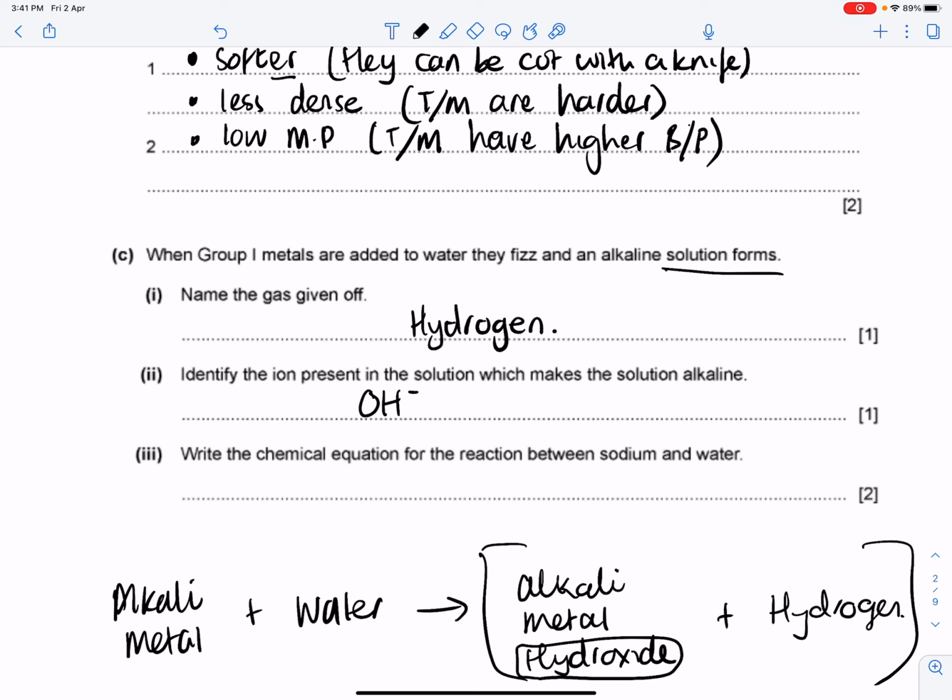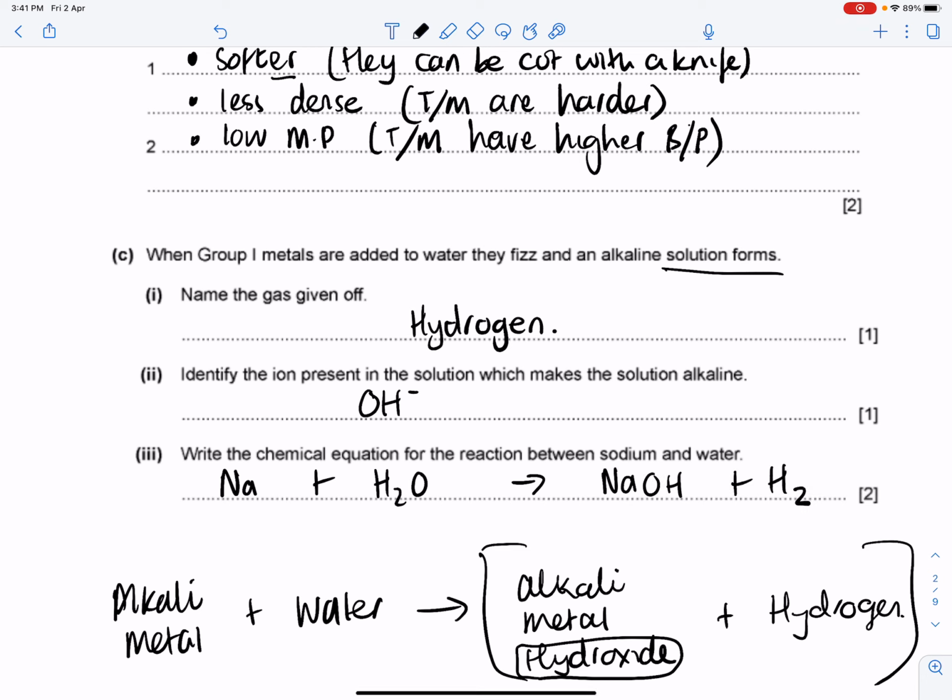Write the chemical equation for the reaction between sodium and water. So we're just going to plug sodium into this general equation down the bottom. So we're going to write Na plus H2O makes NaOH plus H2.